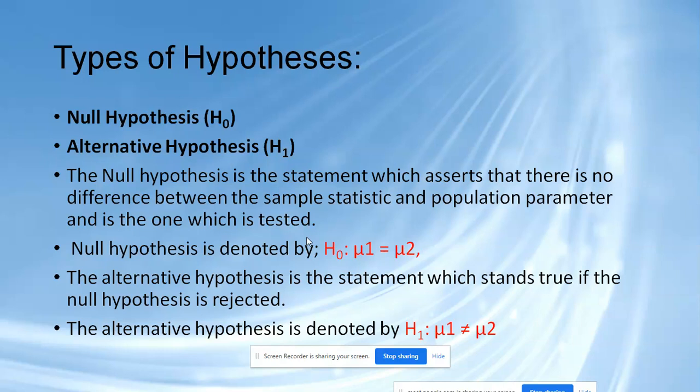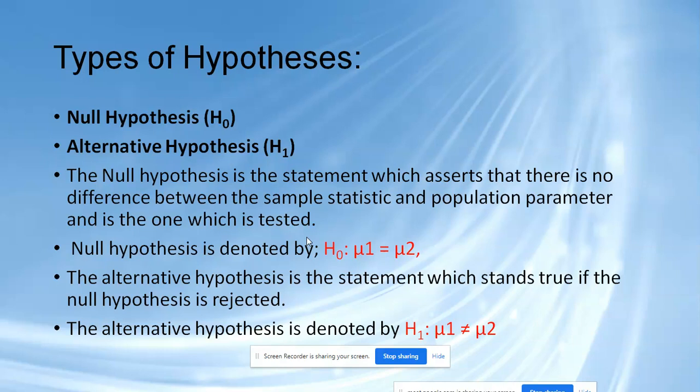Whereas the alternative hypothesis is the one which stands true if the null hypothesis is rejected. So when the null hypothesis is rejected, we accept the alternative hypothesis. So what is the alternative hypothesis? It is denoted by H1: mu1 is not equal to mu2. That means the sample mean and population mean are not the same, they are different.